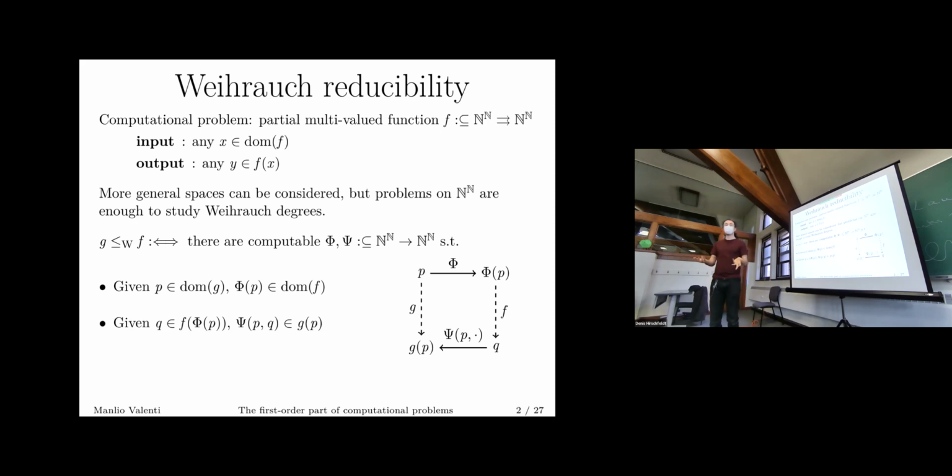Then you want to apply f and obtain some solution q for f of phi of p, and then you want to apply the function psi to both p, the original input, and the solution q received from f to obtain a solution for g of p.